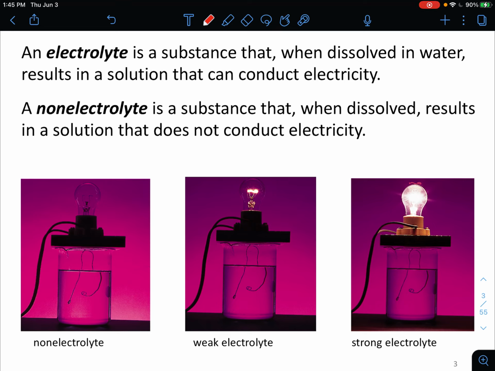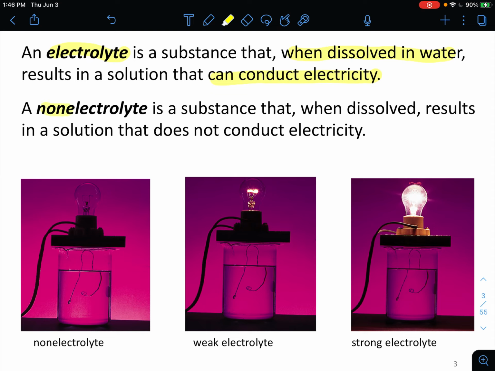A distinction we want to make when we're thinking about solutes that we're adding to our solvent is considering electrolytes versus non-electrolytes. So an electrolyte is just something that, when dissolved in water, causes the solution to conduct electricity.